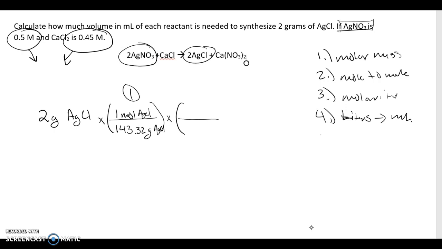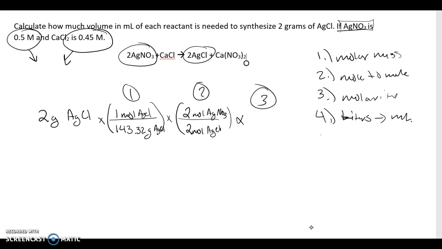So you have 2 moles of AgCl will be produced, and 2 moles of silver nitrate will react. So that's your mole to mole ratio. So that's step 2 for the conversion.